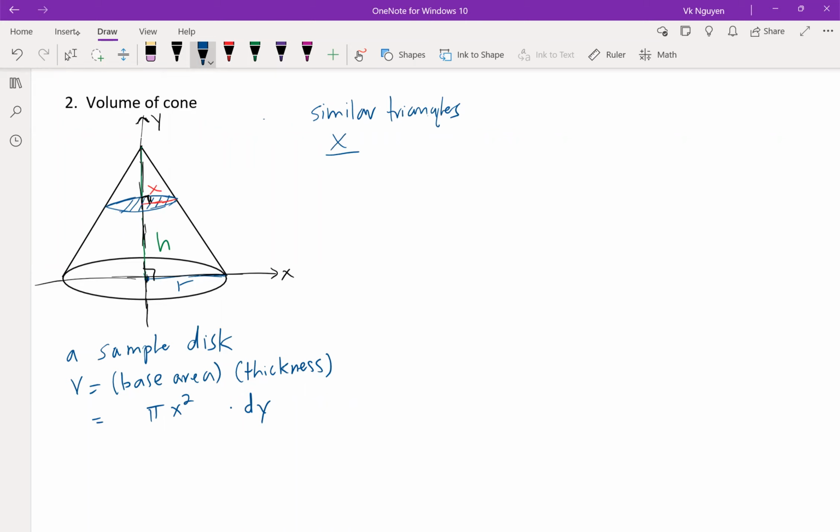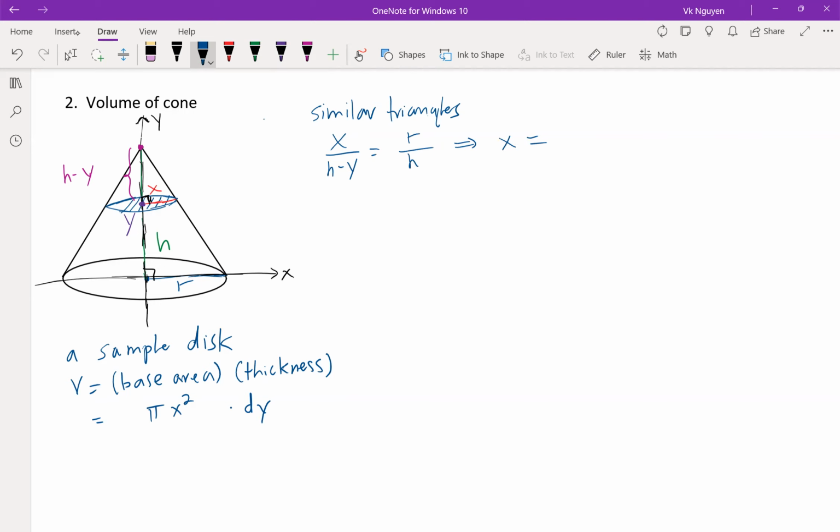x over, I'm going to call this point right here y, because that's on the y-axis. The distance between the top and y is the height, h minus y. So x over h minus y equals the bigger radius divided by the bigger height, r over h.